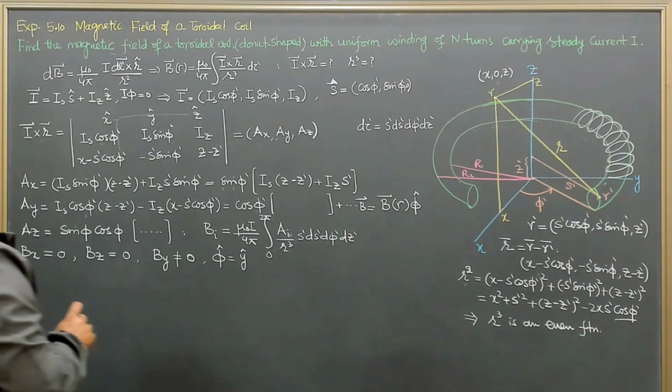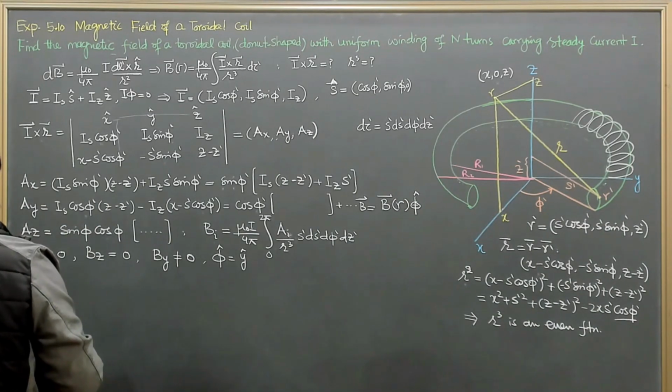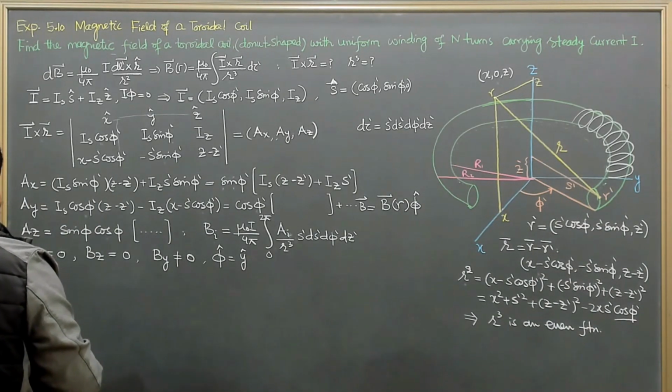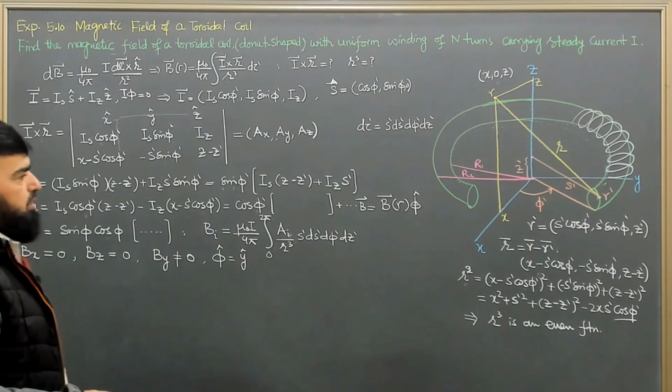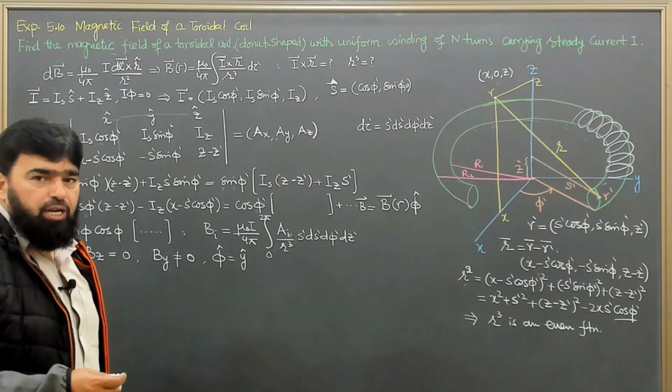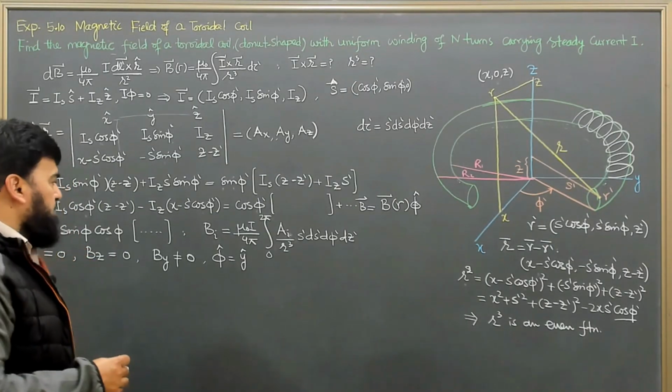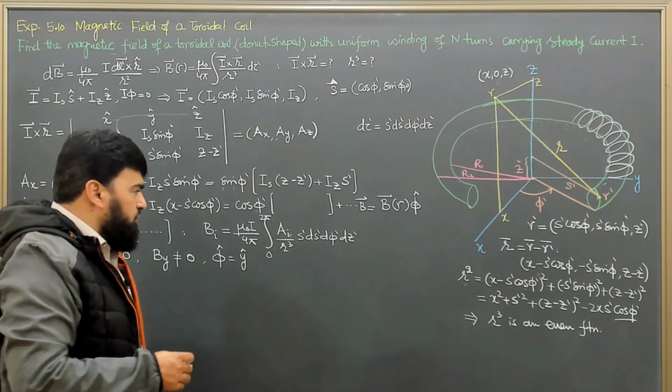And now our calculation is easier, that we can now apply Ampere's law to this toroid in order to find out the magnetic field in three regions.